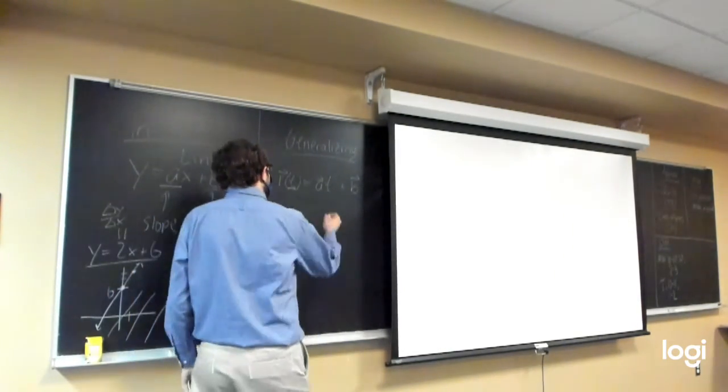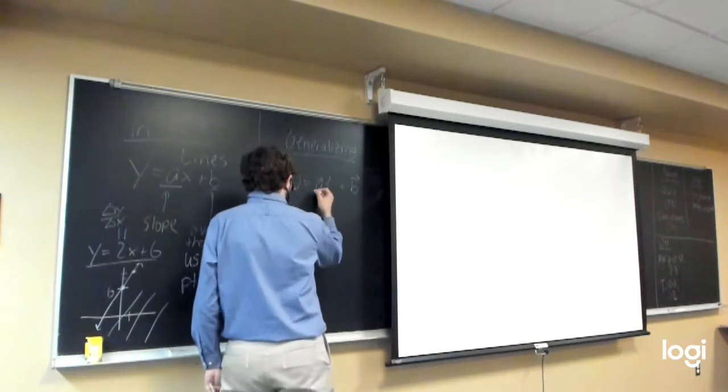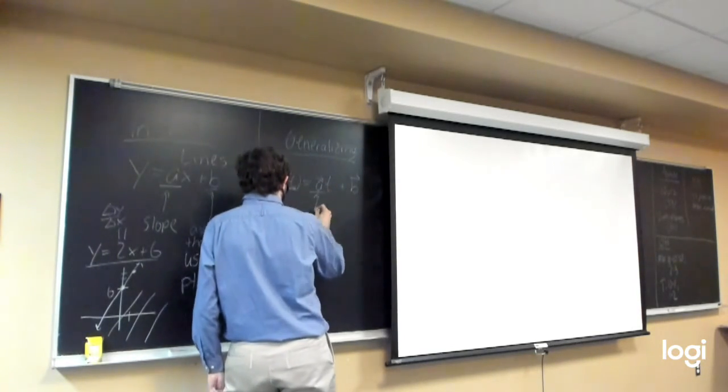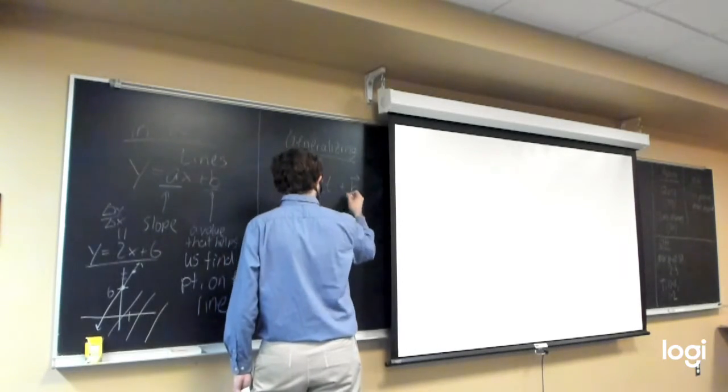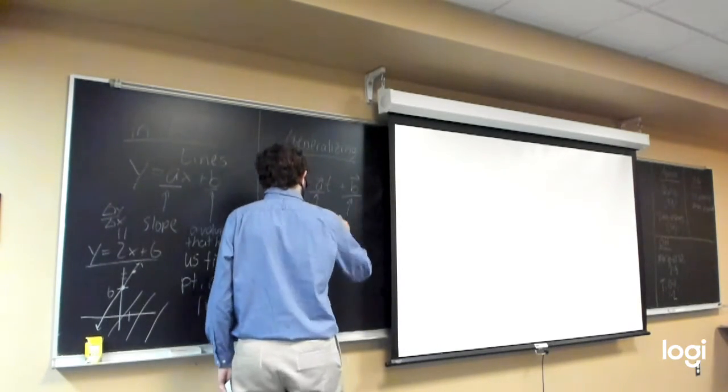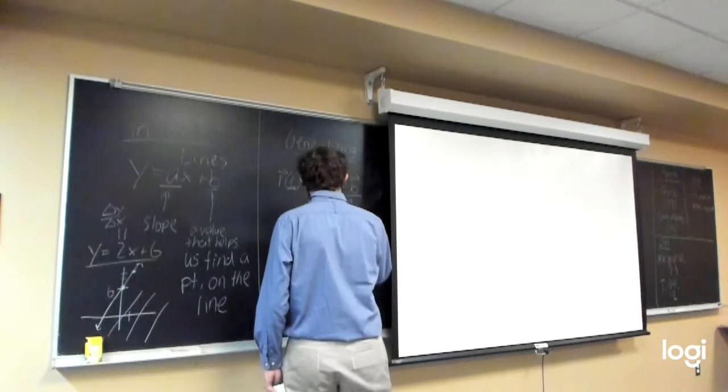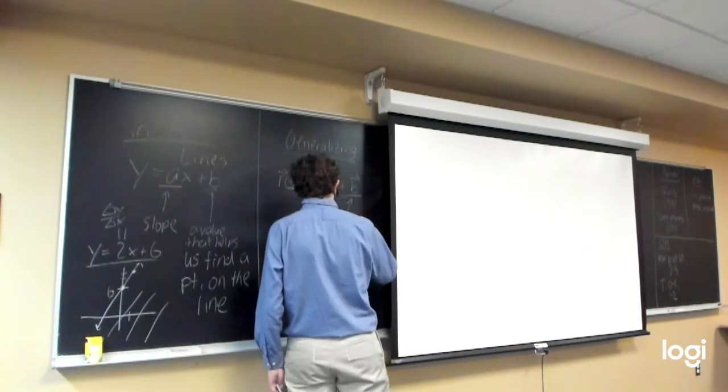Where now, just in the same way that we did before, we're going to have this a value, where a is going to tell us the slope of our line, and b is going to give us a way to find a specific point on the line.